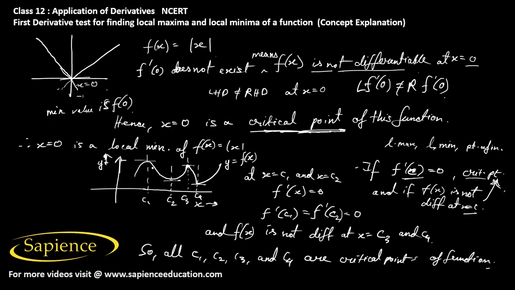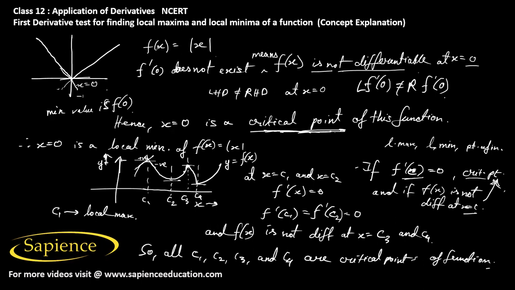About C1, the slope is changing sign from positive to negative. Therefore, C1 is a point of local maxima here.